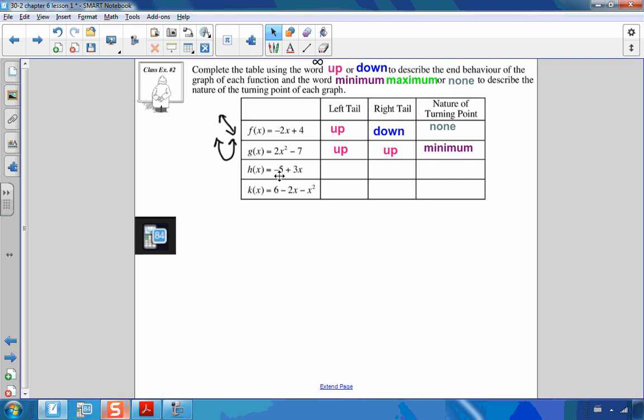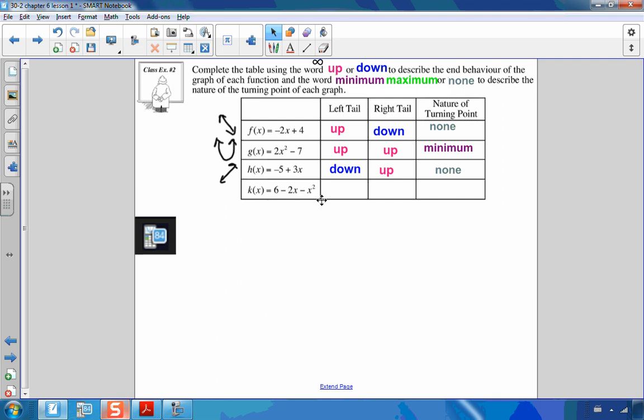But the leading coefficient is a positive 3, so I know that my line goes something like that. So based on that, I can see that my left tail goes down, my right tail goes up. And of course, I don't have a max or a min, no turning point, because it's linear and it extends infinitely in both directions.